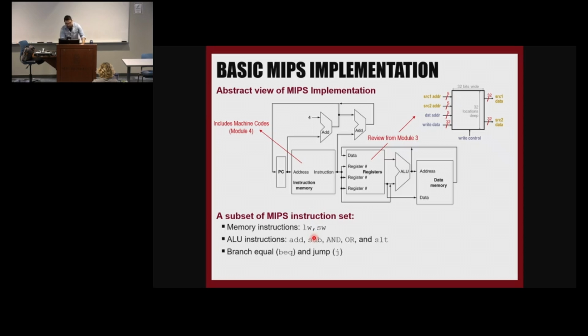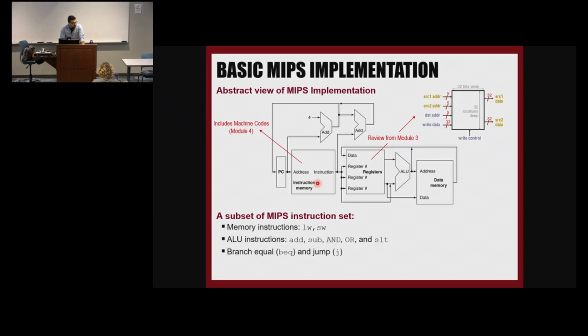Specifically, we're just focusing on load word, store word, and memory instructions. Then we have ALU instructions: add, subtraction, and, or, set less than, and branch equal and jump. So the MIPS processor that we're focusing on now is just supporting these instructions.